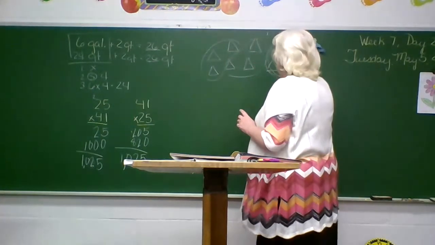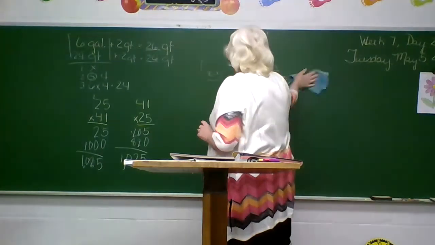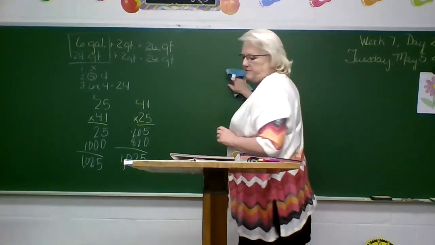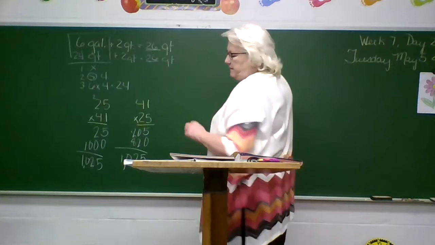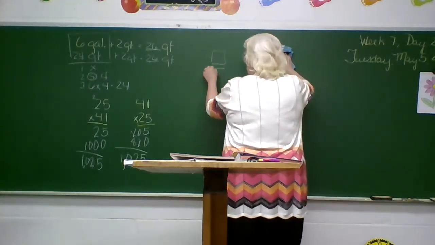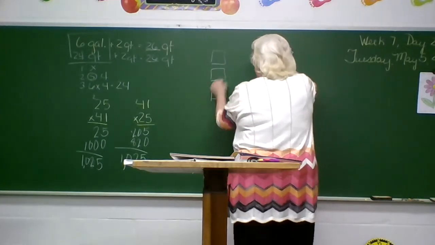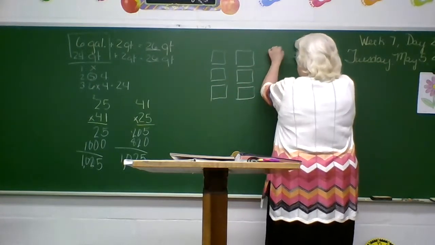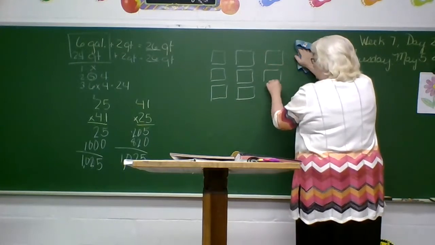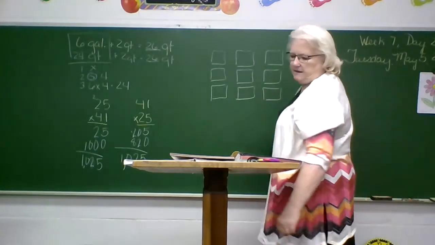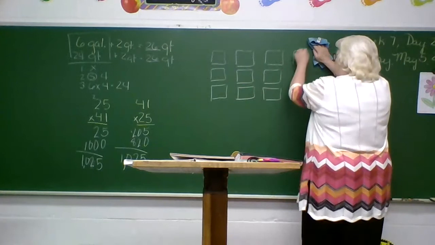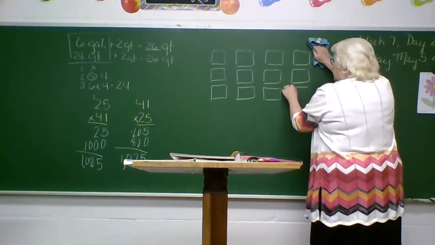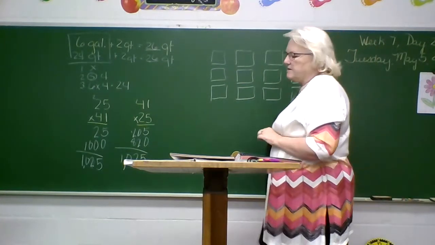I'm going to make squares instead of that shape there. That would take me forever to do. So let me make some squares. How many rows do I need? 4. All right, we're going to divide this.